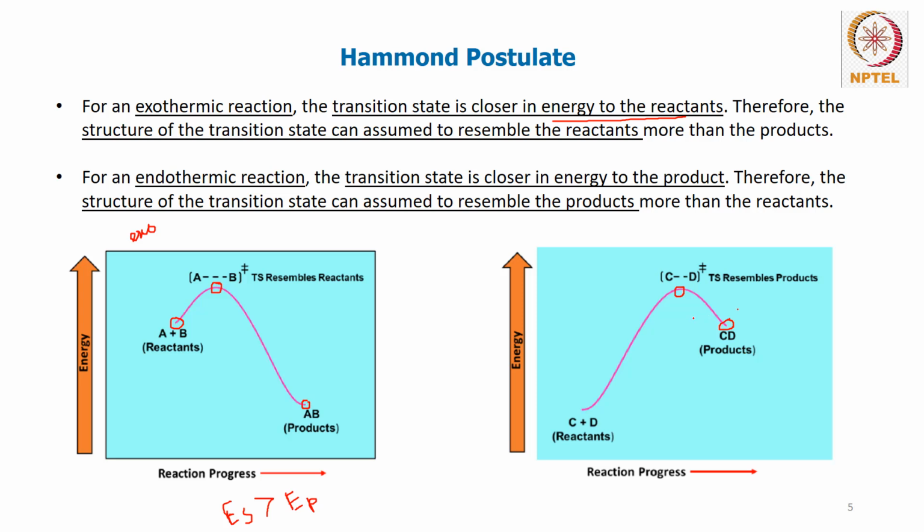That's why whenever a transition state resembles the product, stability has a huge effect on the reaction. And if the transition state resembles the substrate, reactivity has a huge effect on the reaction.